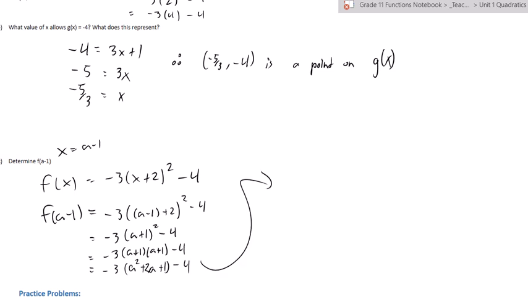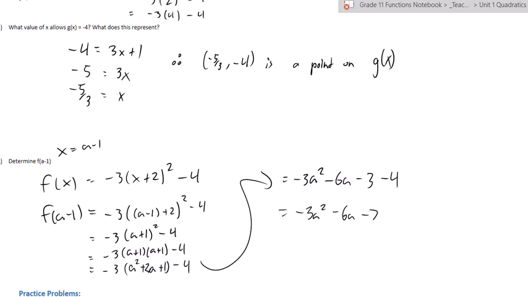And then we'd have to distribute the negative 3 and subtract 4. So that would give us negative 3a squared minus 6a minus 3 minus 4. And finally, f of a minus 1 would be equal to negative 3a squared minus 6a minus 7.